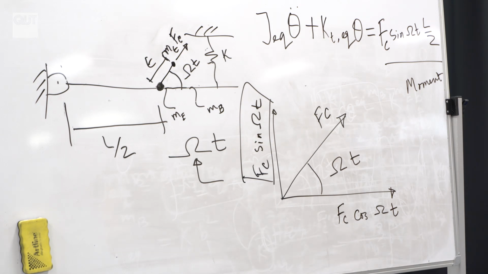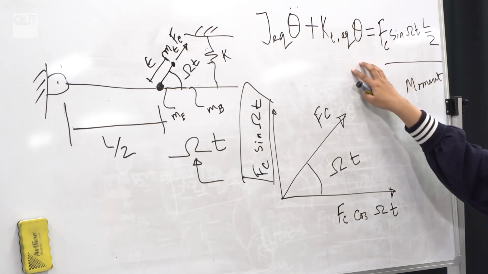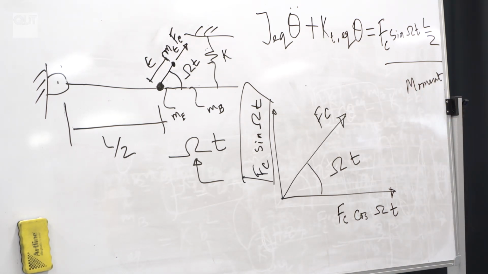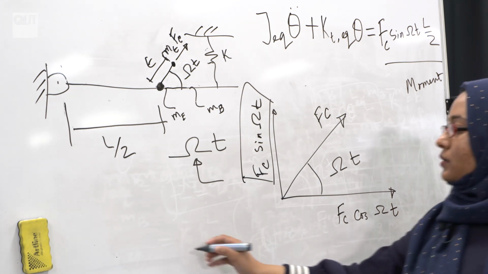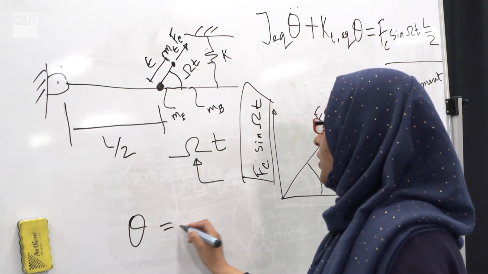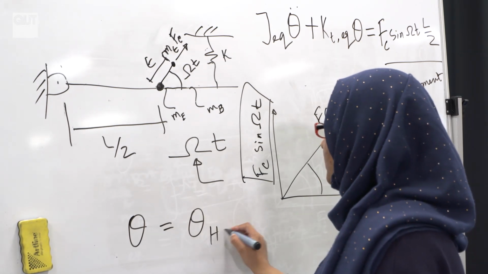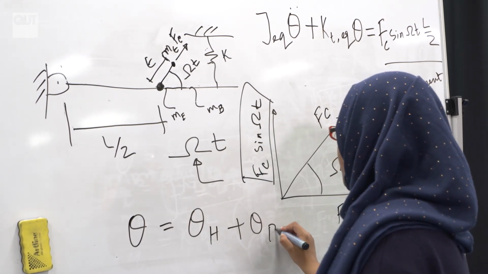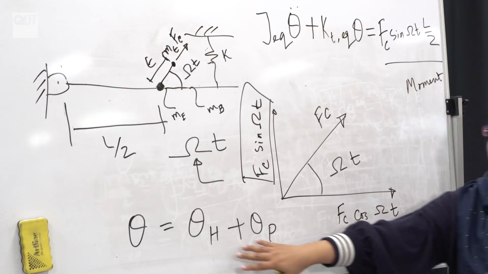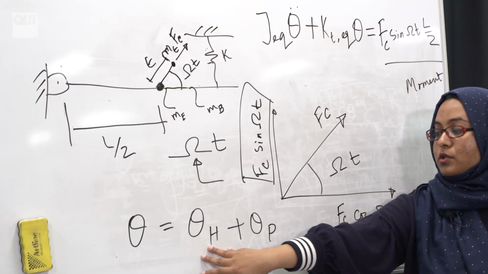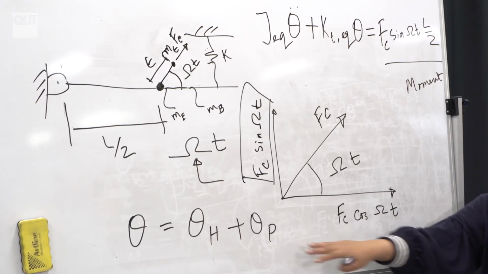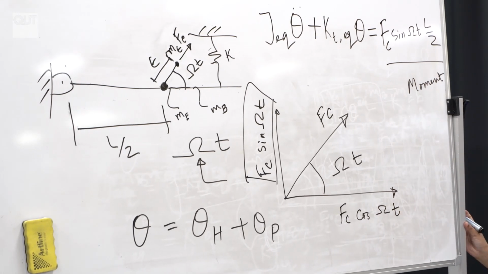Alright, so that is the general equation for a forced single degree of freedom system. Now, this equation is a non-homogeneous equation. If it is a non-homogeneous equation, the solution should look like theta equal theta h plus theta p. Theta h means homogeneous solution, theta p means particular solution.